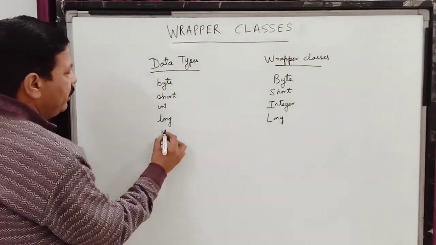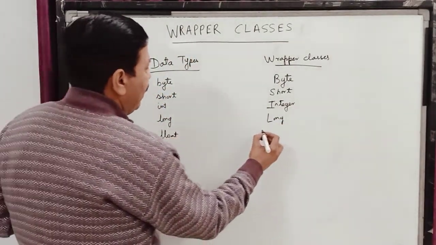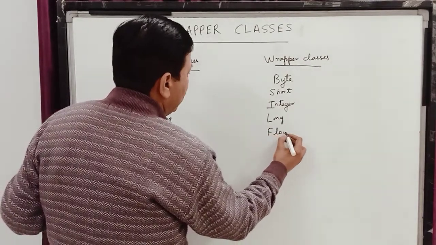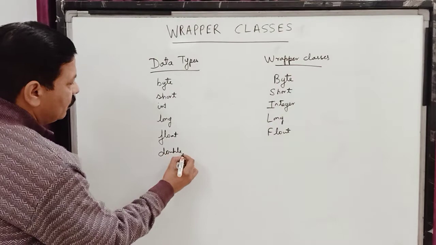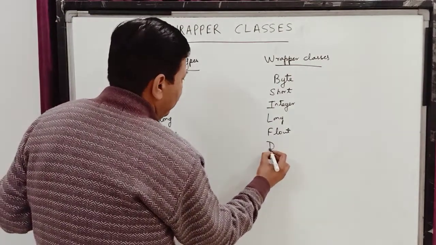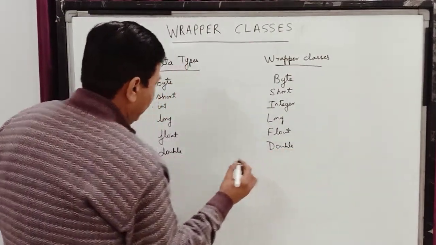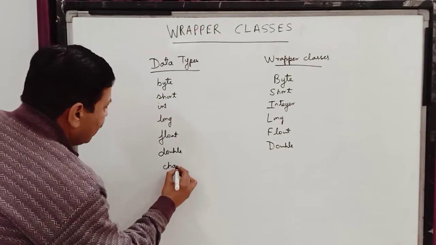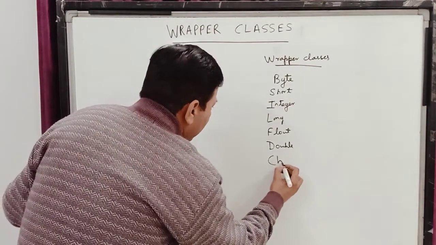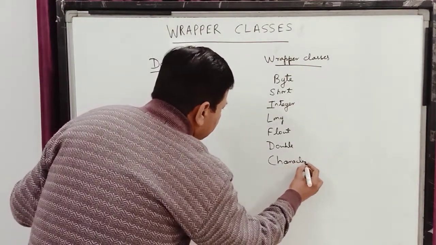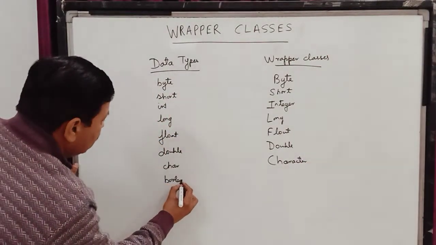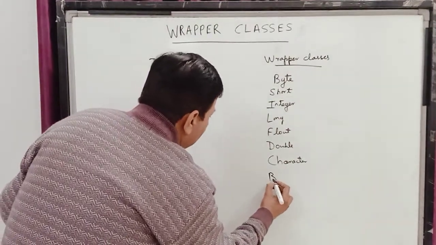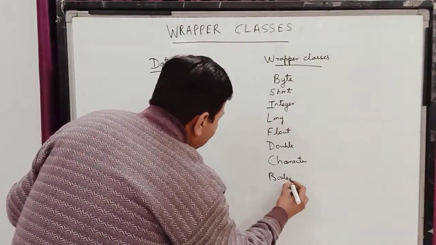Then the next data type is float, and the wrapper class is Float in capital. Then we have double, and the wrapper class used over here is Double. Then the next is char, and the wrapper class used is Character. And the last data type over here is boolean, and the wrapper class is Boolean.